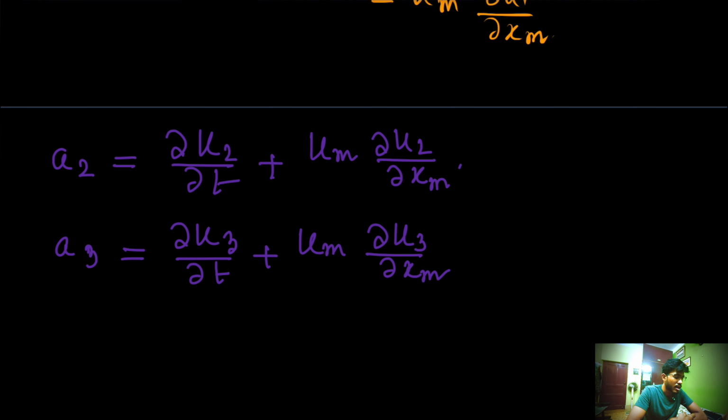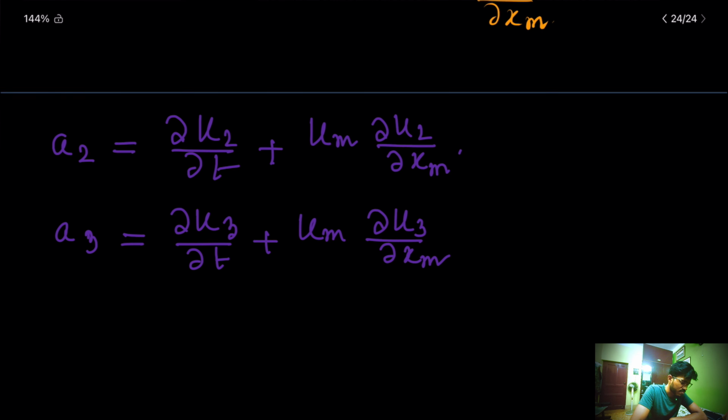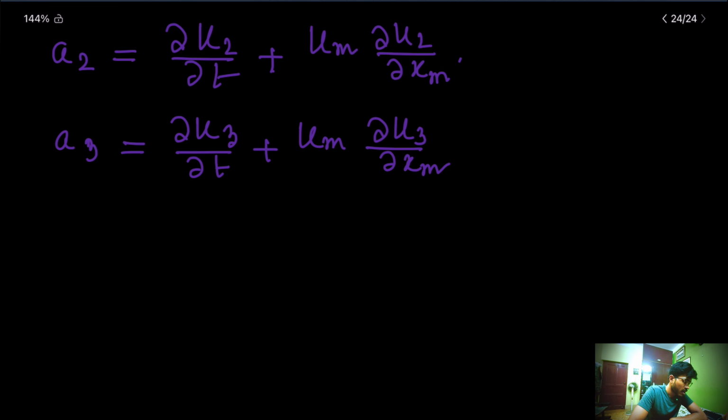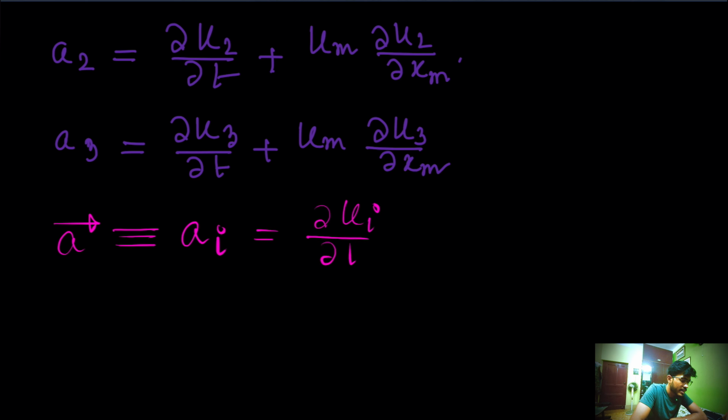This m can be changed with any other alphabet. Now you see this a is a vector, so I can equivalently write in terms of the initial notation as ai. The moment I write ai, it becomes del ui del t plus uj del ui del xj. Obviously, instead of this j, you could have written m, k, p, q, r, anything.